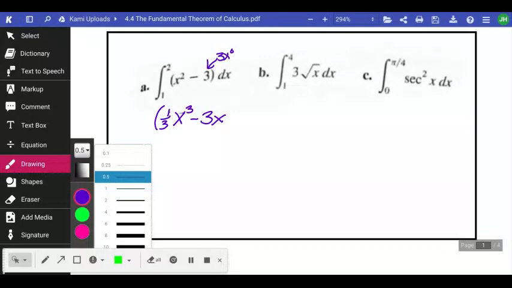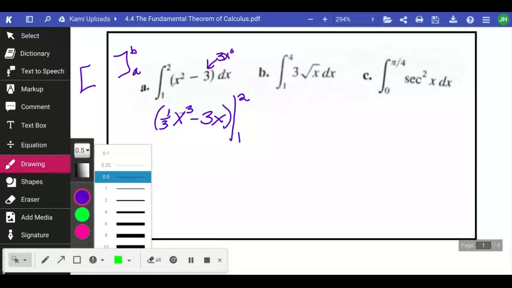Now, normally, if it was indefinite, I'd put plus c. But since it's definite, I put a bar like this, and I put my limits of integration for what I'm evaluating it for. That is one notation you'll see. Now, those of you that are going into a math-based field, sometimes you might see it like this with your limits of integration, where they'll put it in brackets instead of parentheses with a bar.